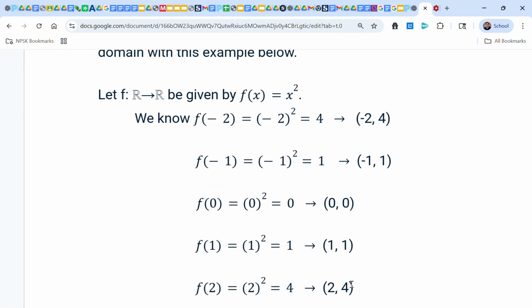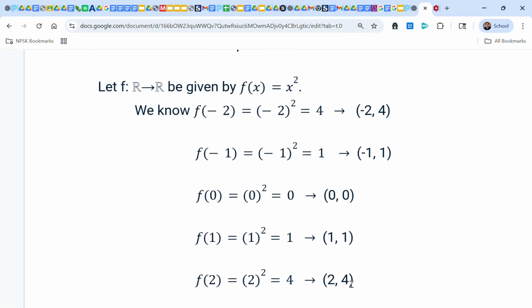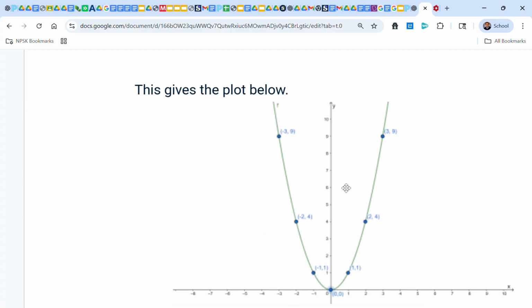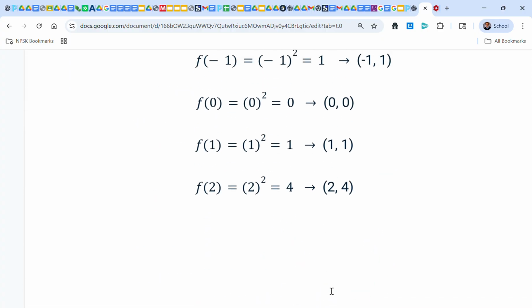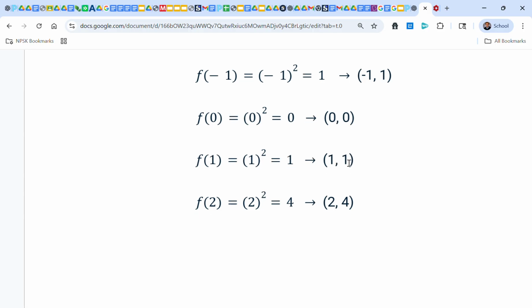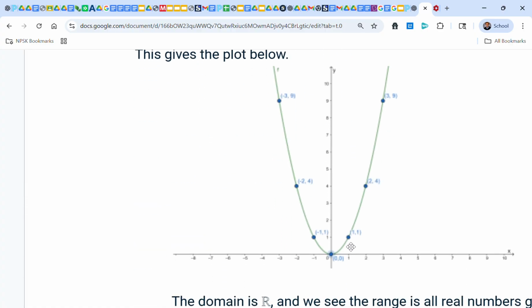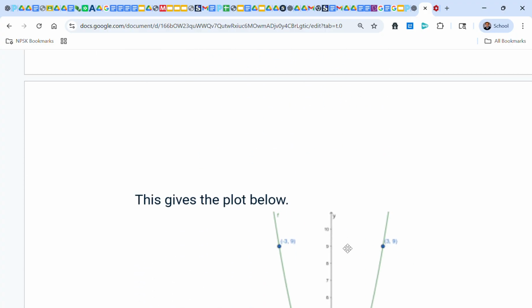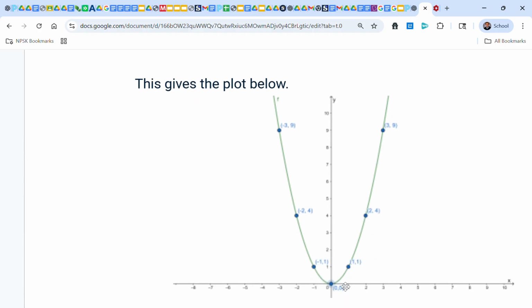So if we wanted to plot this, we know it contains these points on it. Let's scroll on down. We know it contains the point 0, 0 because that's on here. We know it contains 1, 1, because we go over 1, up 1. And we know 2, 4 is on here, so we go over 2, up 4. It's plotted there.